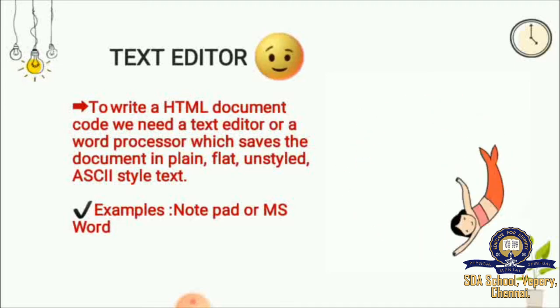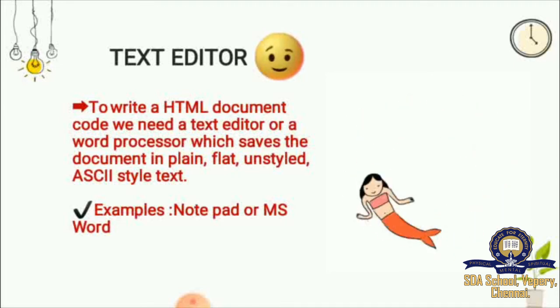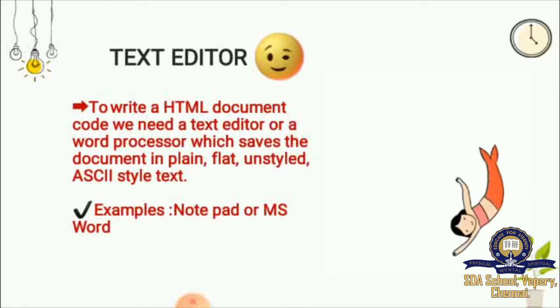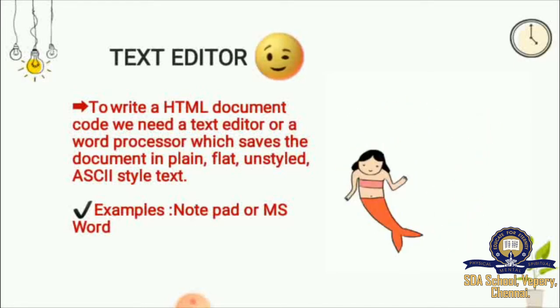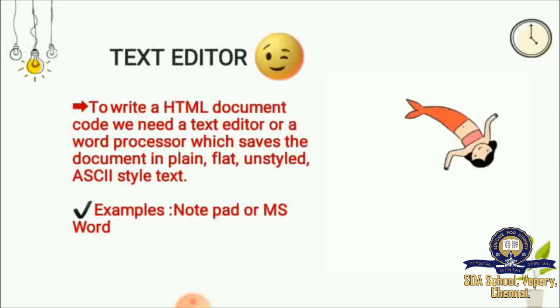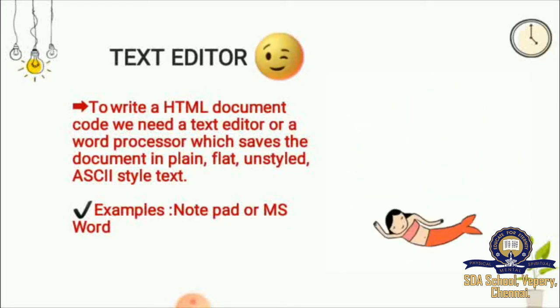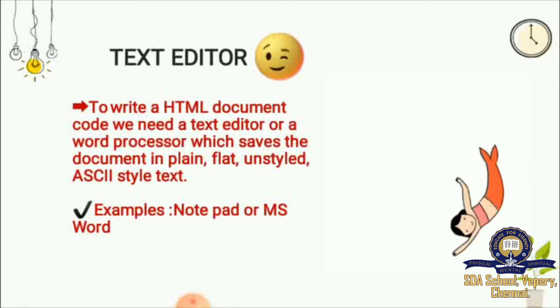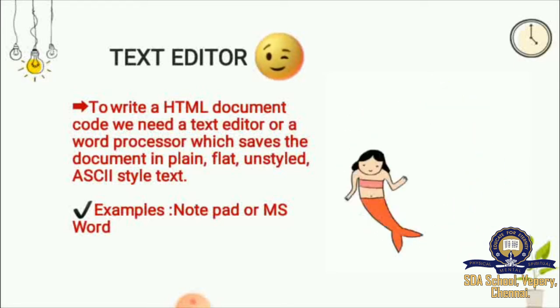MS Word is a graphical word processing program where the user can type. It is made by the company Microsoft. The purpose is to type the document and save the document. This is about Notepad or MS Word.